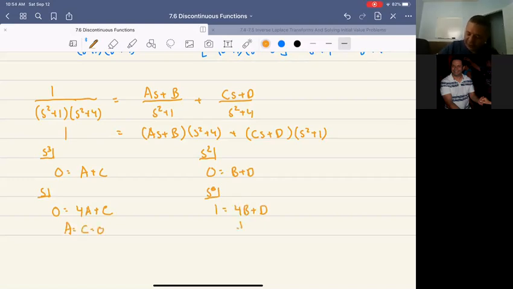These two together give you b equals negative d, or let's say d equals negative b, so that means b is going to equal 1/3 and d is negative 1/3.